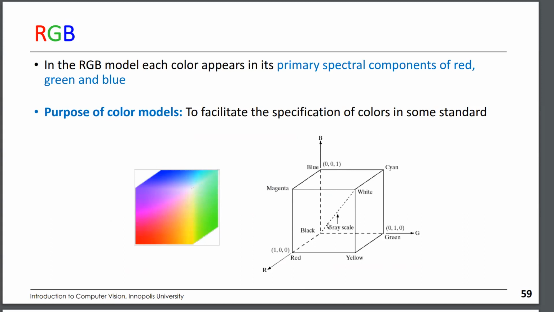So it's a line that goes directly between black and white. And in this case, you can see that, for example, 0.5, 0.5, 0.5, that is a gray value. If we say 0, 0, 0, that is black, and white, which is 1, 1, 1.